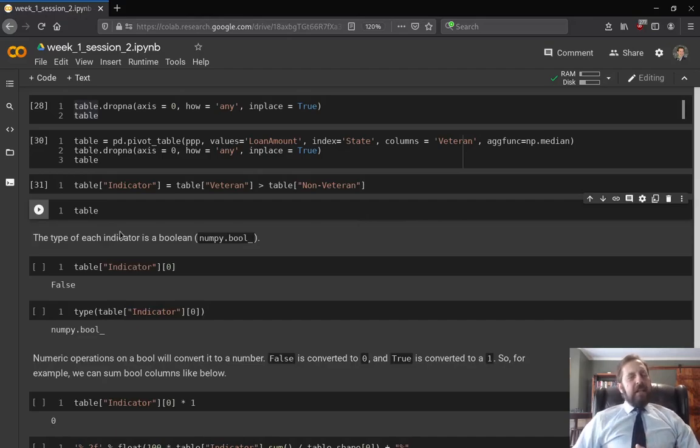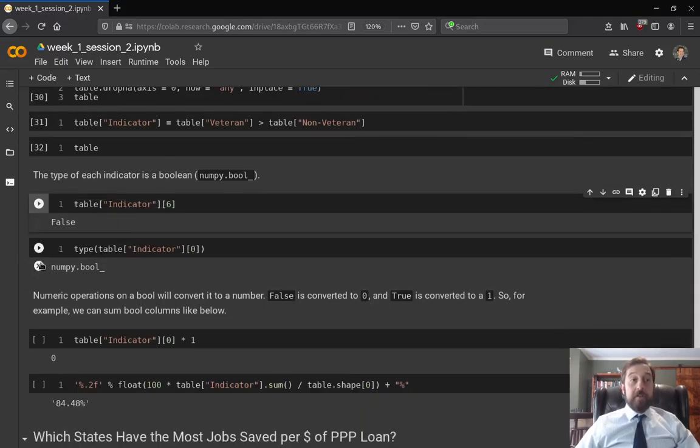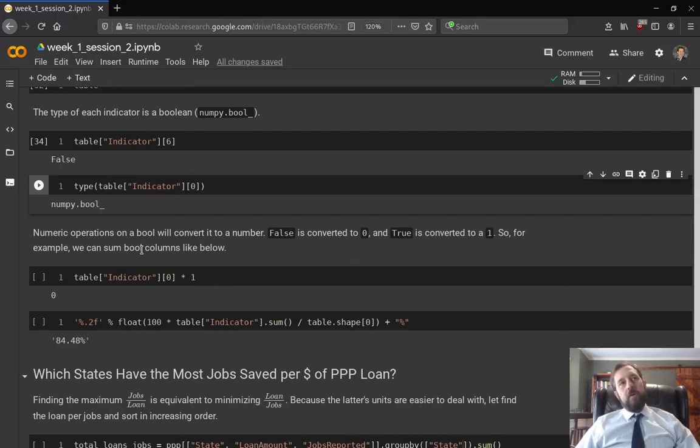Now, let's take a little bit of a second to look at the behavior of Booleans. Boolean is going to show up as true and false. I can take a look at the seventh one. It's false. We can take a look at the type of this, and it's going to return numpy bool. But a really important thing to know is that if you try to multiply a Boolean, it will convert it into a number. So this was false.